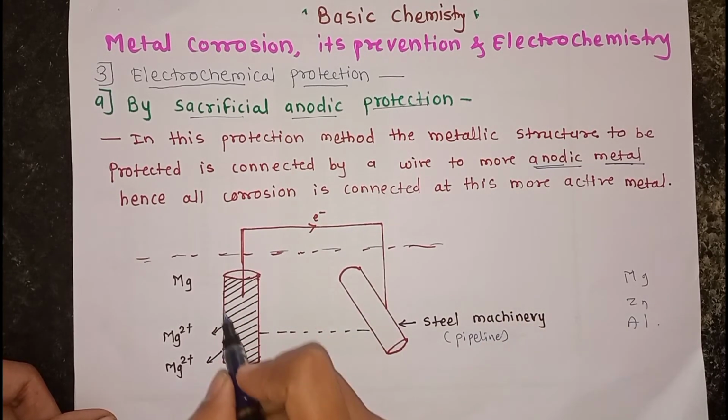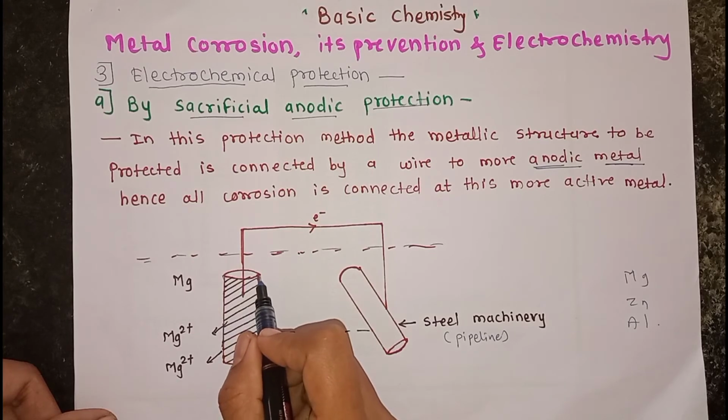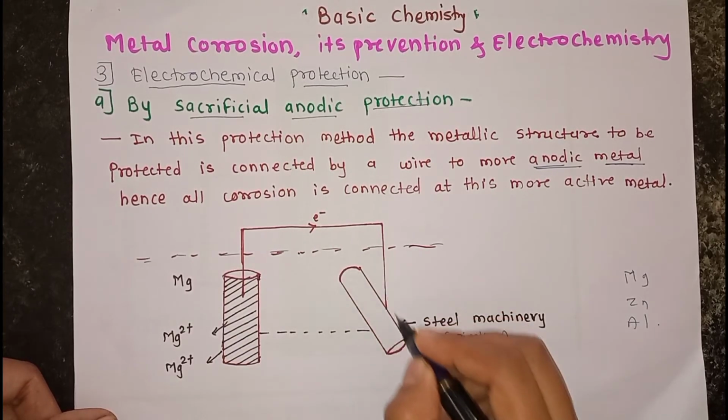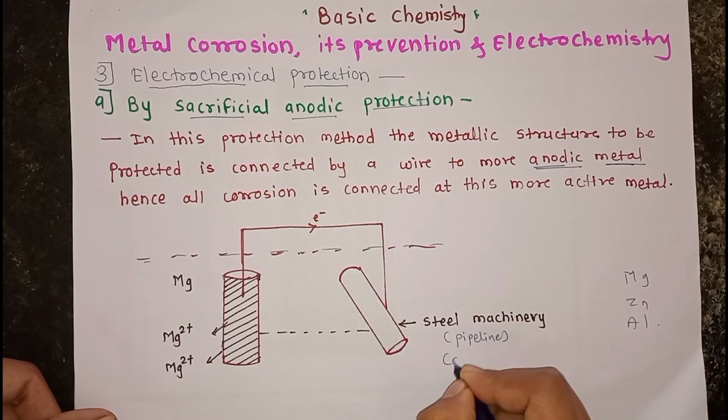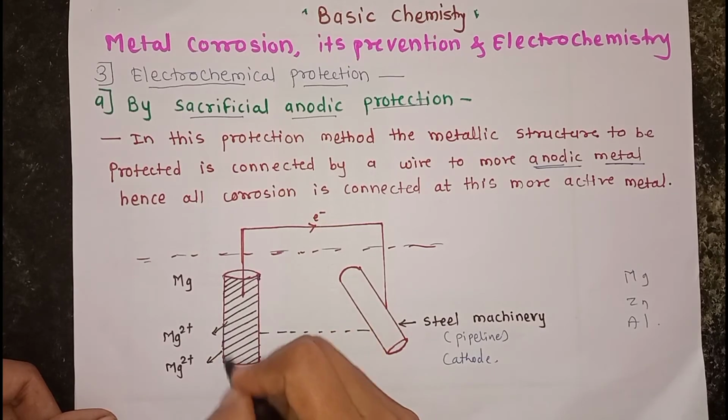So in this setup the more active metal acts as the anode, and the pipeline acts as a cathode. The loss of electrons takes place at the more active metal, that is at the anode.